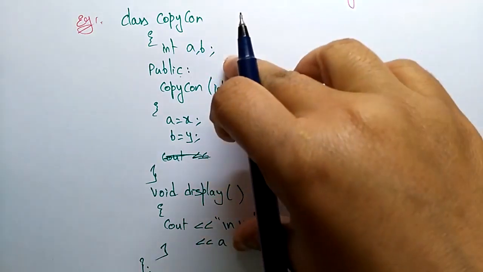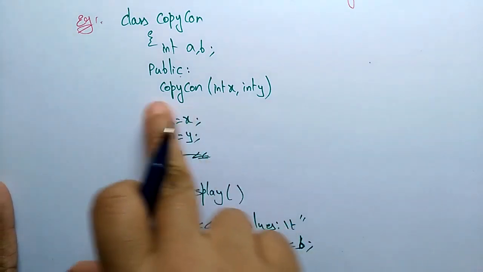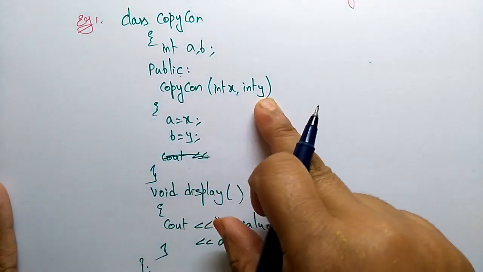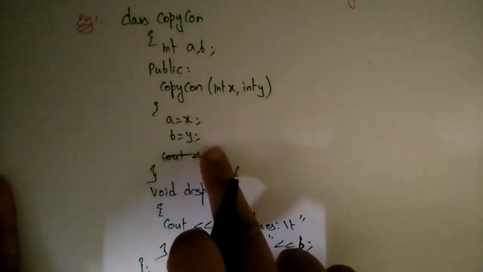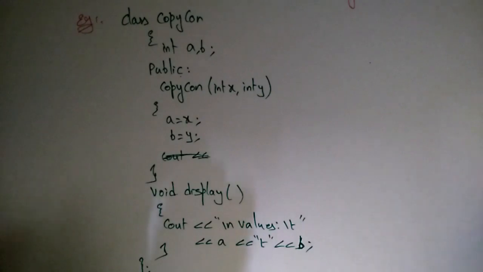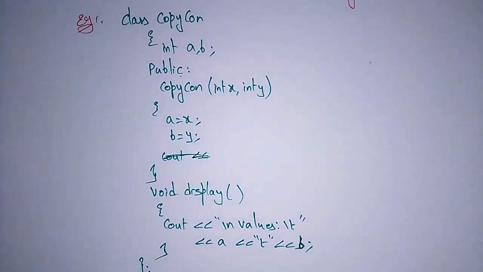So here I take a constructor with two arguments, and display is to display these values. Whatever values I entered here, x and y, will be displayed here as a and then b.